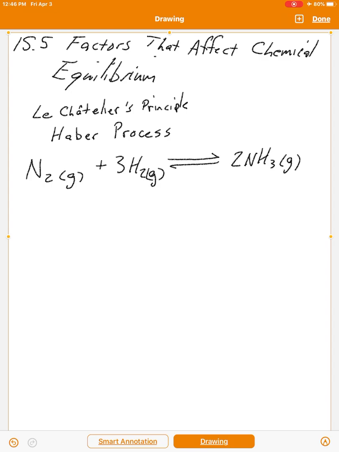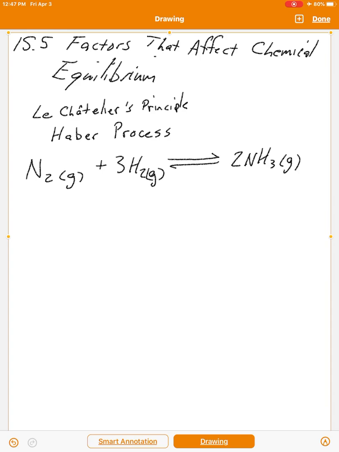Now, the issue with ammonia is that its production is through the reaction of nitrogen and hydrogen. And even at very high temperatures, even at 700 Kelvin, the value of the equilibrium constant for ammonia is not very large.